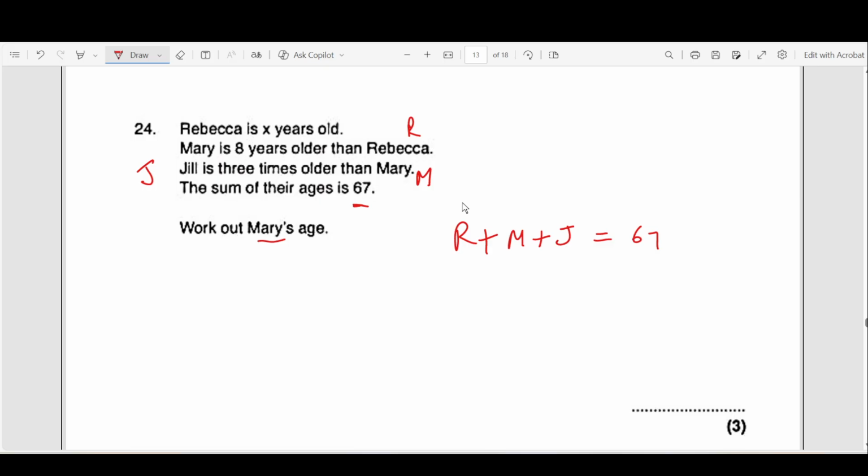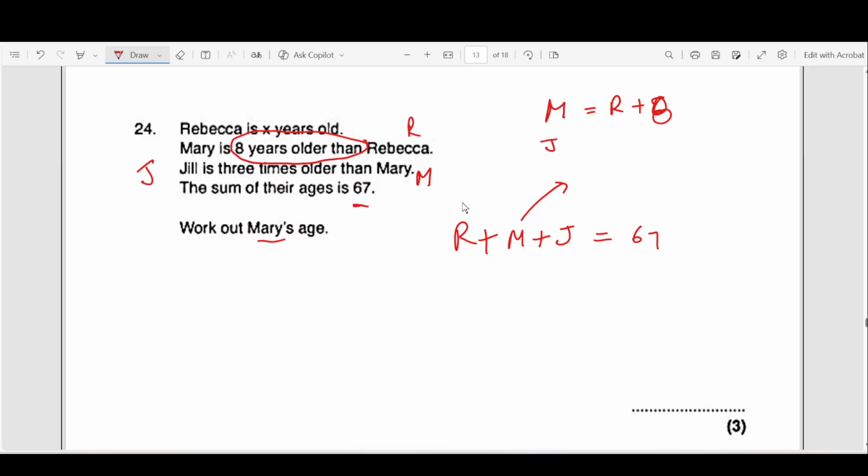Mary is 8 years older than R. So M is 8 years older than R. So I can write M as R plus 8, since older means plus. Then Jill is 3 times older than Mary.